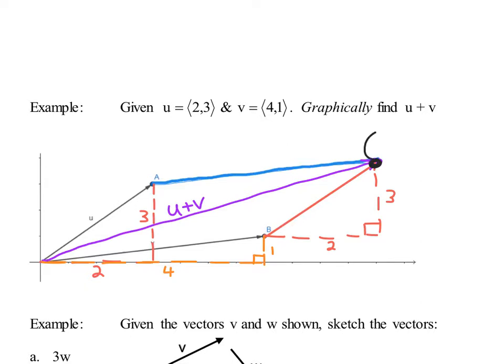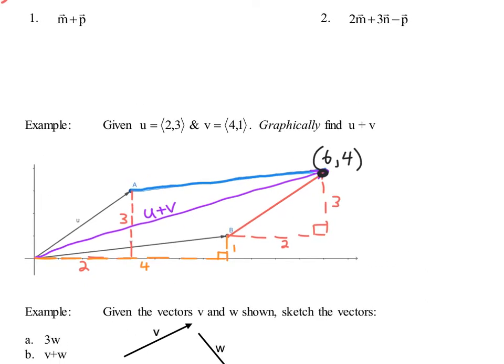And so I'm just looking at the coordinates, not the vector itself, the component form, which, I mean, they're going to go hand in hand. But if I started off 4 and I'm going an additional 2, I'm now at 6. If I started up 1 and went an additional 3, I'm now at 4.